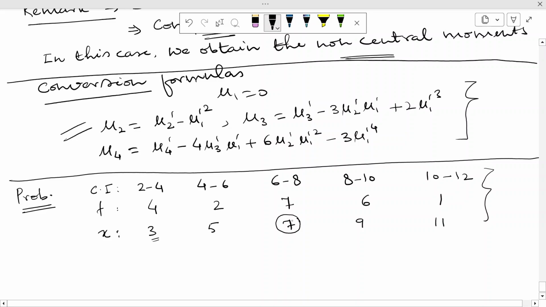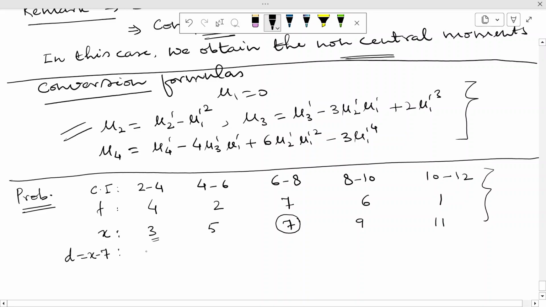So let us calculate the moments about 7, and as we discussed, moments involve the deviation. Here we are taking the deviations about 7, meaning we subtract 7 from each observation.